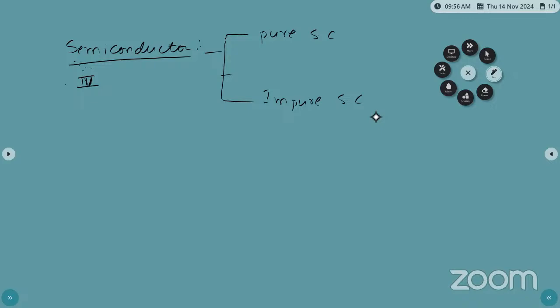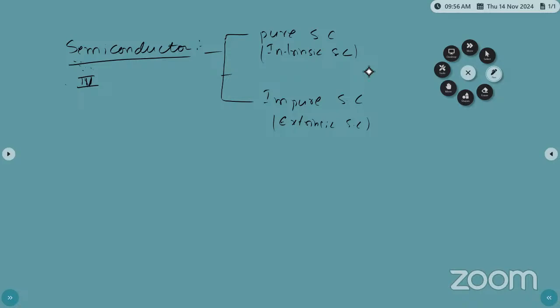The pure semiconductors are called intrinsic semiconductors, and the impure ones are extrinsic semiconductors. So all fourth group elements are the pure, intrinsic semiconductors.